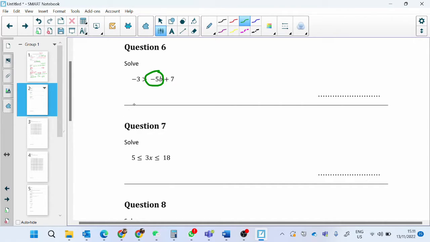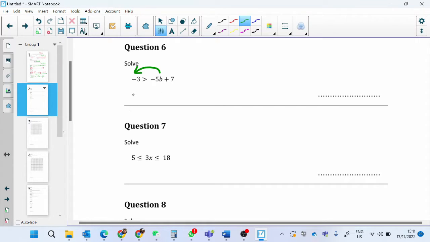As I previously said, we need to have this unknown variable positive. So for that purpose, what we do is we move this unknown variable to this side and the constant numbers towards this side of the inequality. And that will make solving the problem pretty easy.